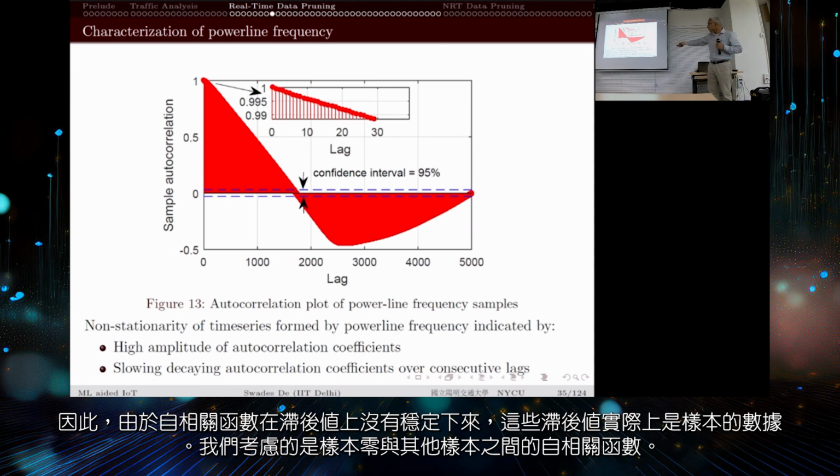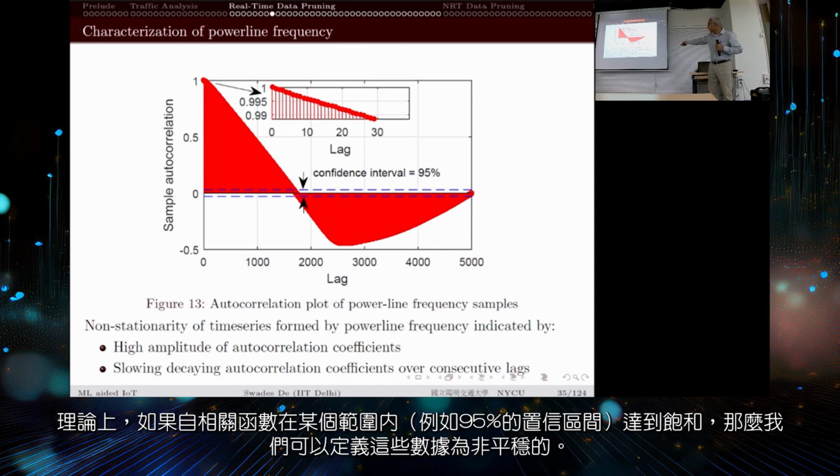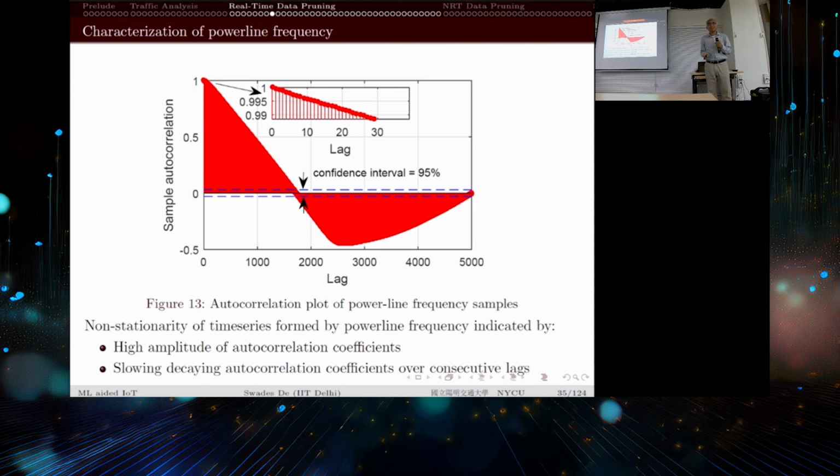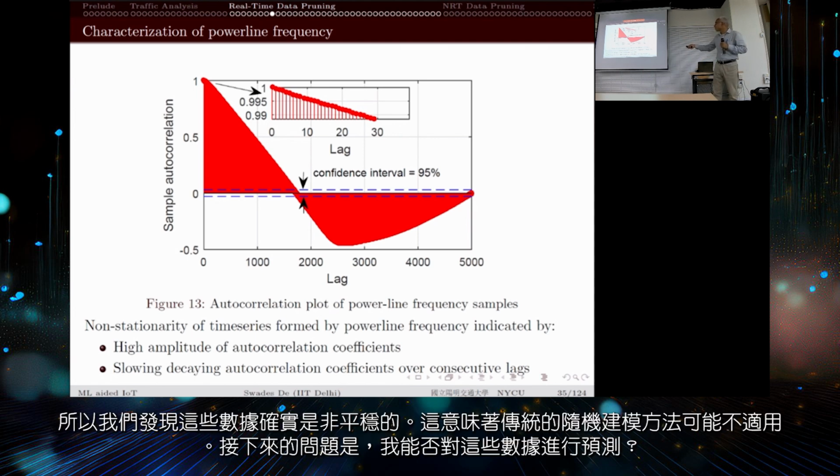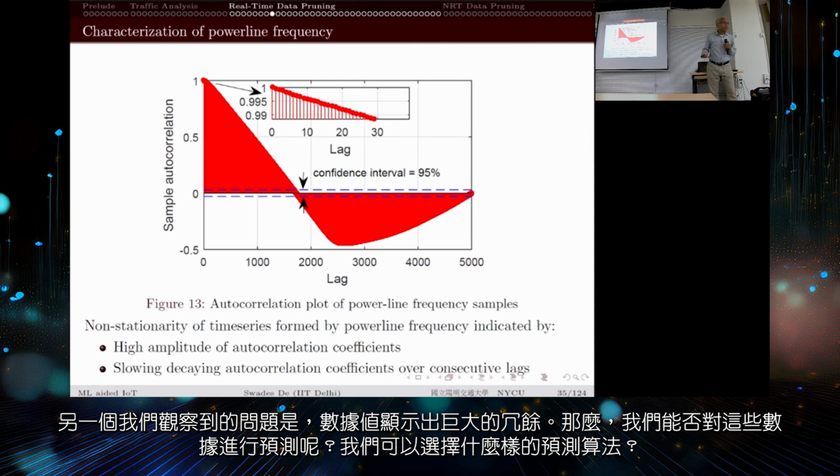Sample 0 is compared with the other samples. The theory says that if the autocorrelation function saturates within a certain range, a 95% confidence interval, then the data is stationary. We found that the data is reasonably non-stationary, which means my classical stochastic approach of modeling is not going to work. Then, can I predict the data?